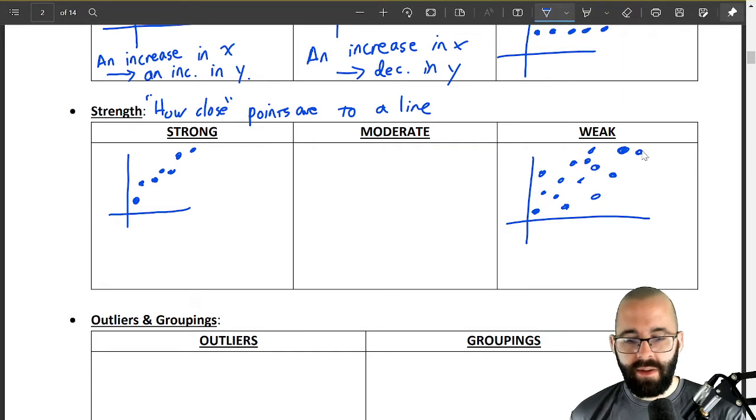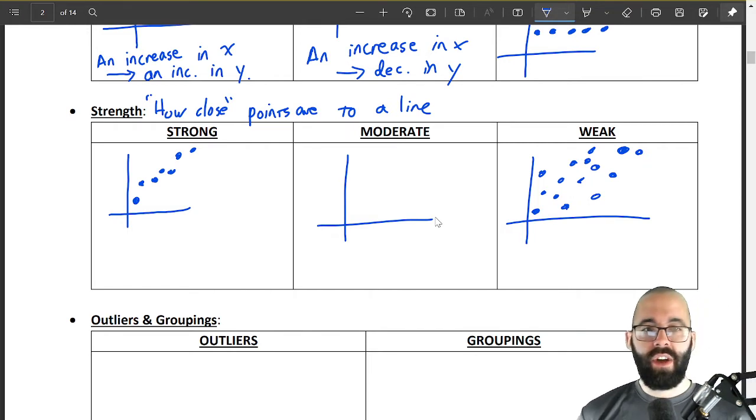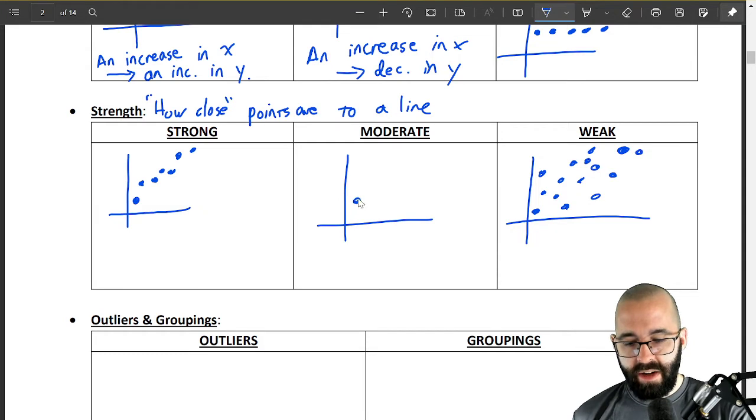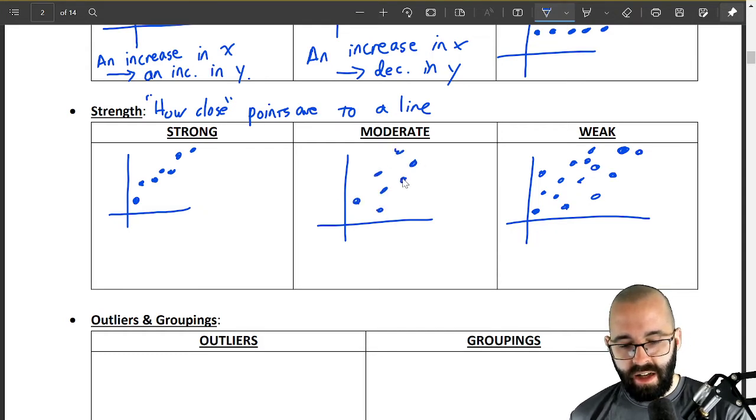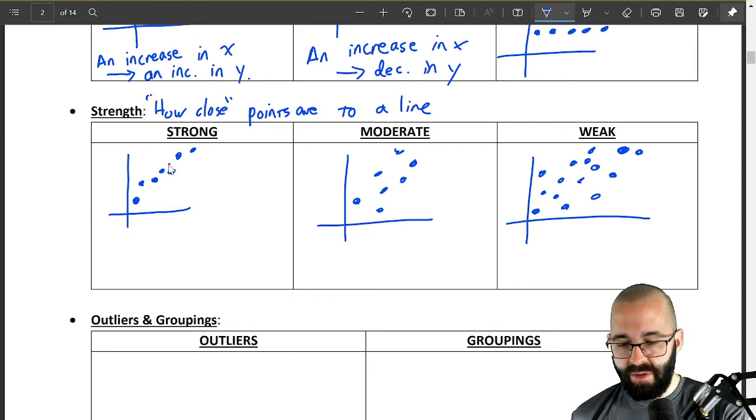And then medium is just going to be somewhere in between. We'll talk about how to quantify this later on with a value called R. So moderate, you just try to get some graph that's in between, not as spread out as the second, but more spread out than the first. And it doesn't have to do with the number of points.